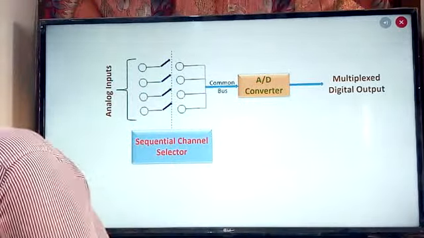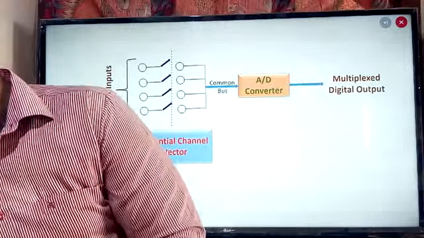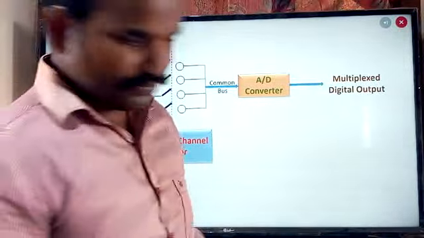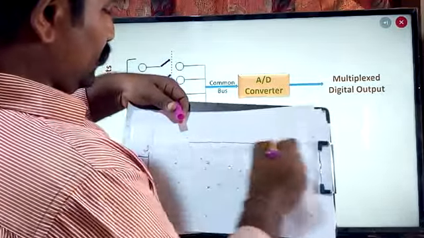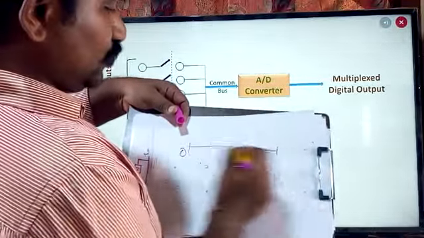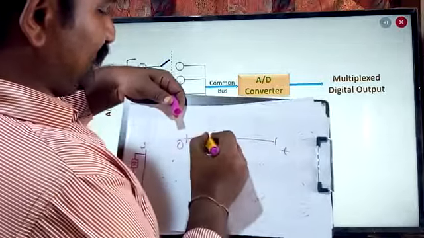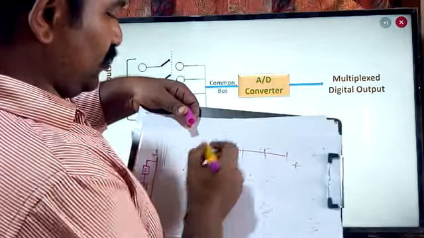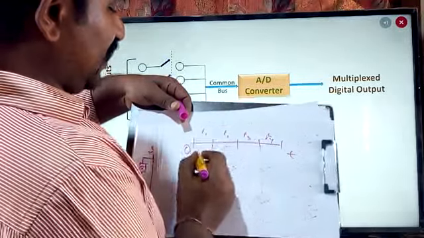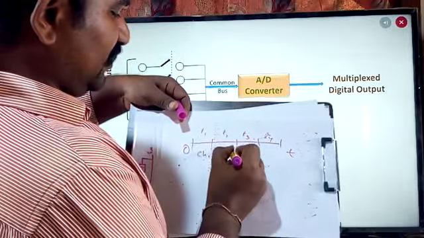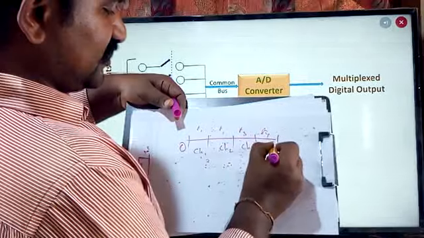If you are getting confused with this one, let me show you a simple plot. So 0 to T, this time period is equally divided into 4: t1, t2, t3, t4. t1 is the time period for channel 1, t2 for channel 2, then channel 3, channel 4.